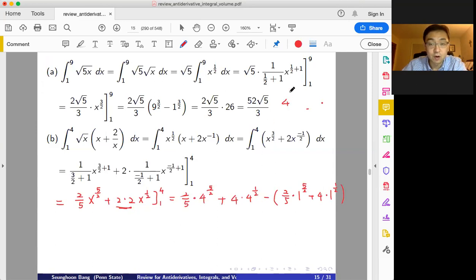4 to the 5 over 2: 4 is 2 squared, to the 5 over 2. The 2 is crossed out, 2 to the 5. 2 to the 5 is 32.